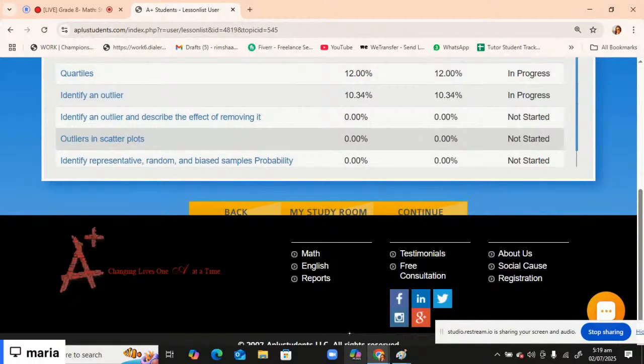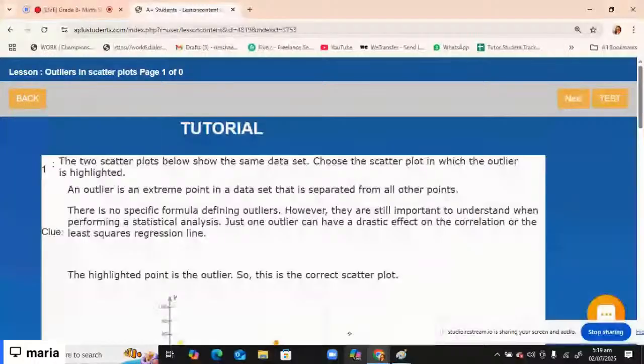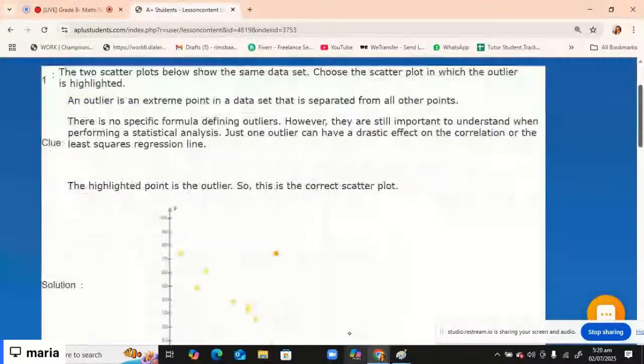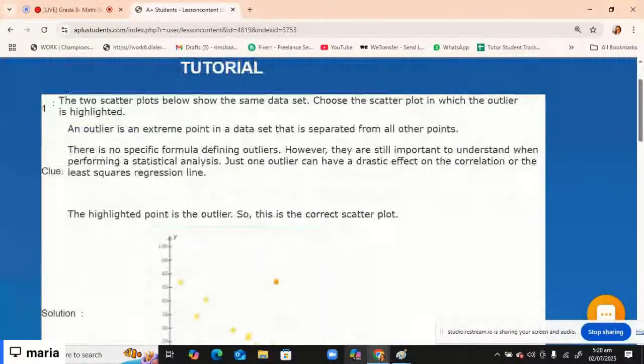Outliers and scatter plots. Let's discuss this one. The two scatter plots below show the same data set. Choose the scatter plot in which the outlier is highlighted. An outlier is basically finding the extreme value in the data set.